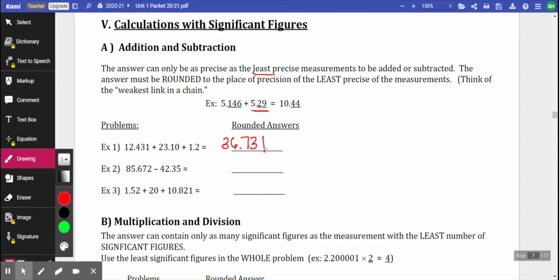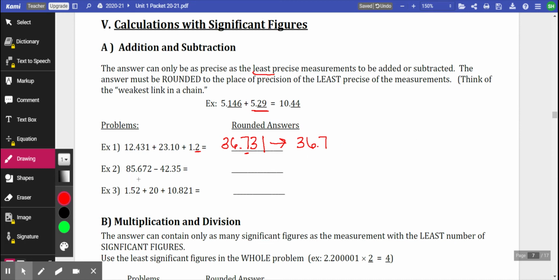So that's your calculator answer. But if I look back at each of the measurements that are taken, I can see that this number right here only went to the tenths place. So my answer then has to be rounded to the tenths place. So my correct answer with correct sig figs would be 36.7, because I would look at my last number that I can report in the tenths place, look at the 3. The 3 is going to make that 7 stay a 7. Okay? And then, of course, you put units on it.